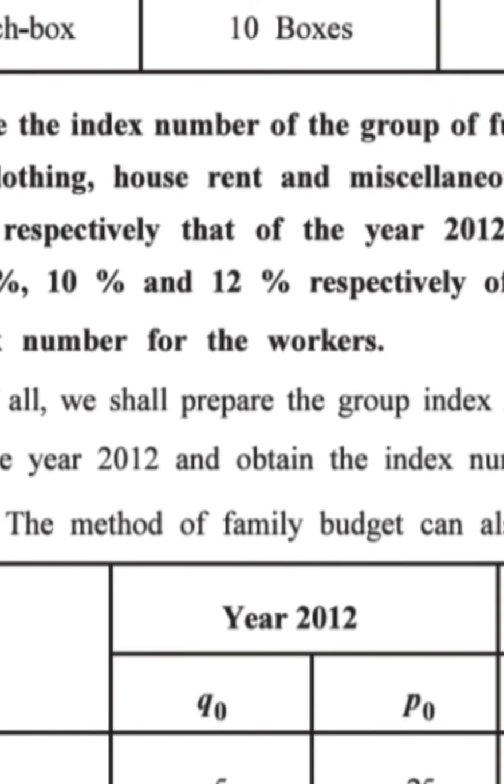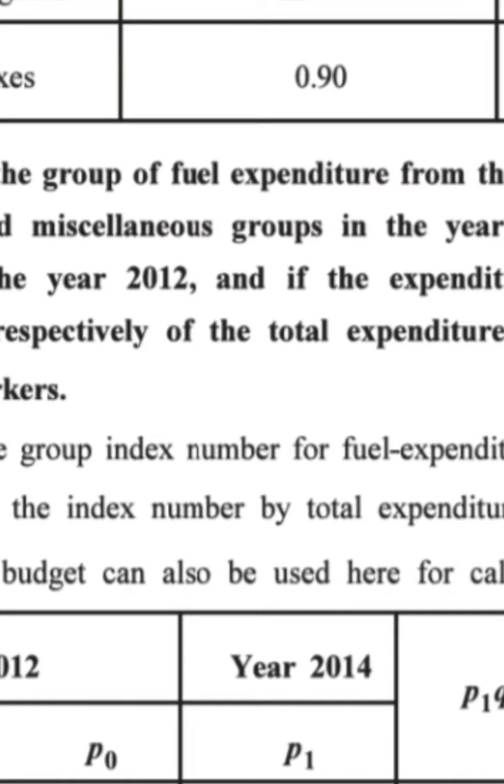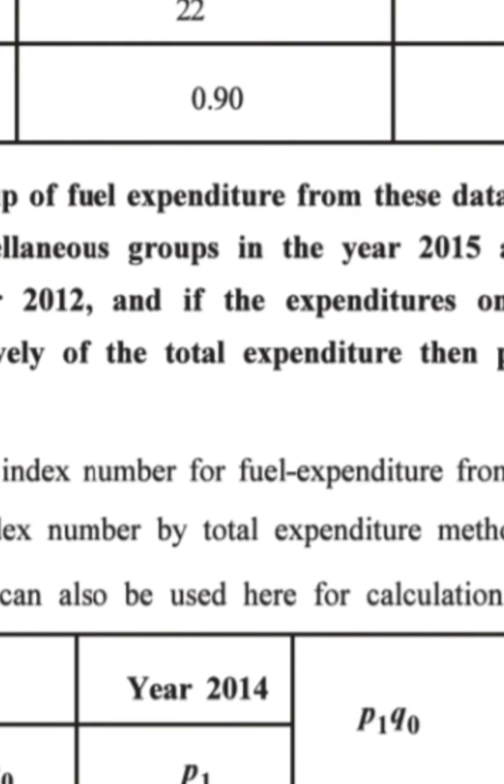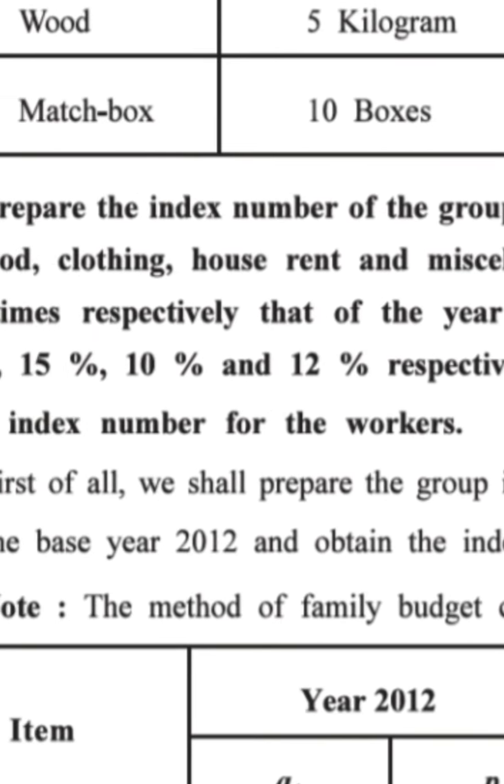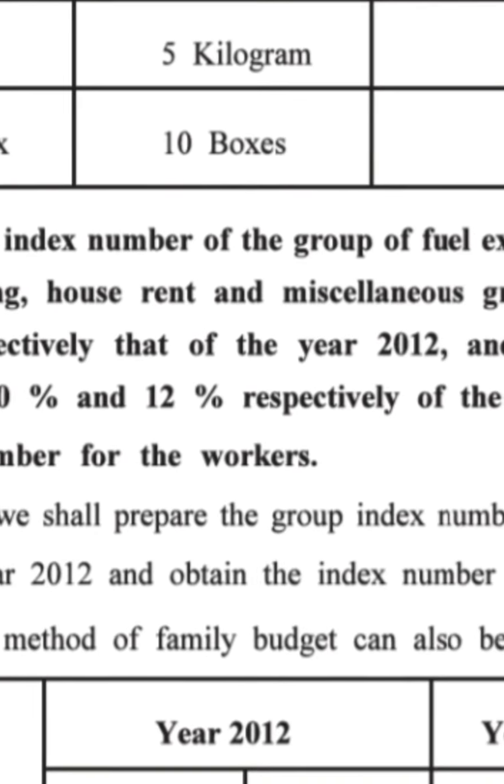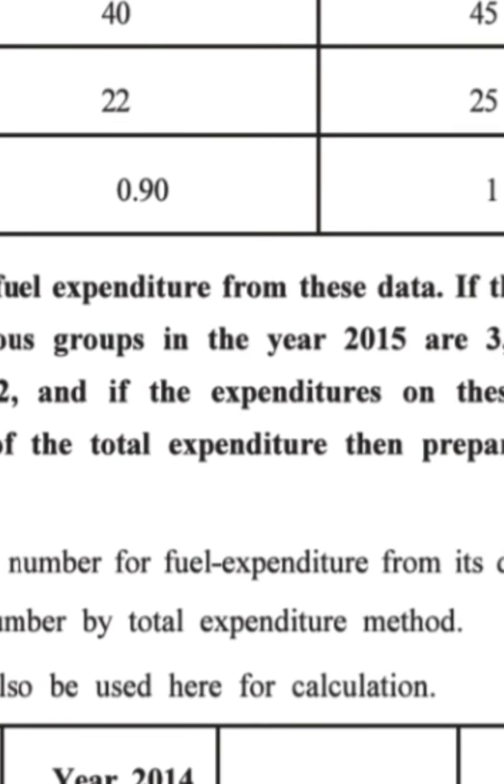Prepare the index number of the group of fuel expenditure from this data. This is the first part of the question. I am reading again: prepare the index number of the group of fuel expenditure from this data.